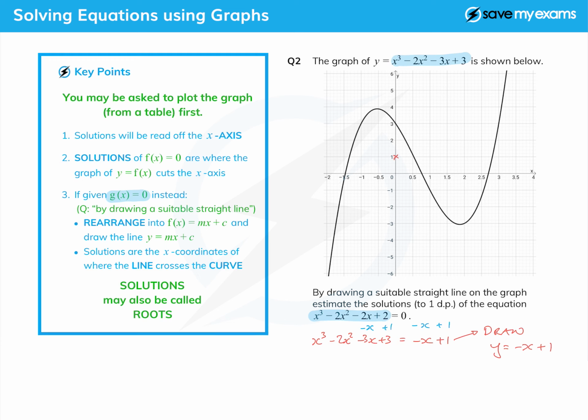And it has a gradient of m, and m is this minus 1 in front of the x. So using the scales carefully, if I go 1 across, I go 1 down and get to that point. And so here I am doing a gradient of minus 1. And if I extrapolate that backwards, I can see that that is my straight line.